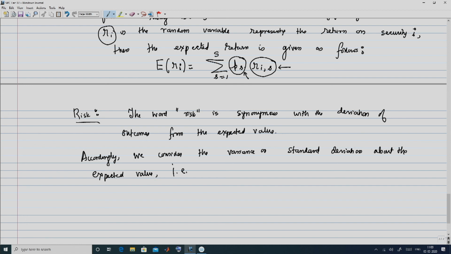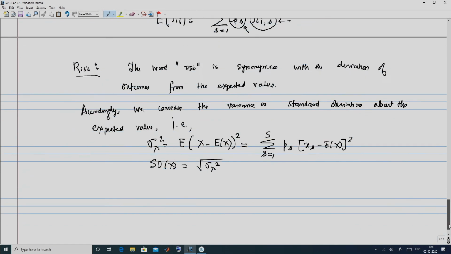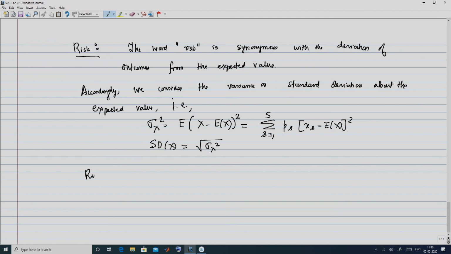That is, sigma x square is E of (x minus E x) square, and in the notation of probability and random variable in this discussion, this is going to be the summation of p_s times (x_s minus E of x) square, small s equal to 1 to capital S, and standard deviation of x is equal to the square root of sigma x square.